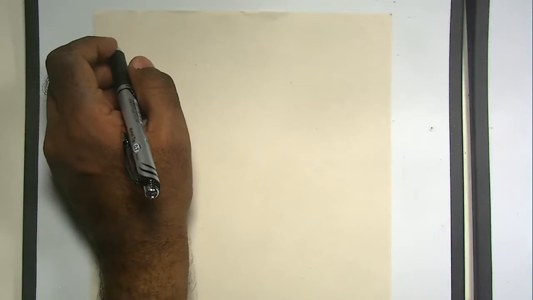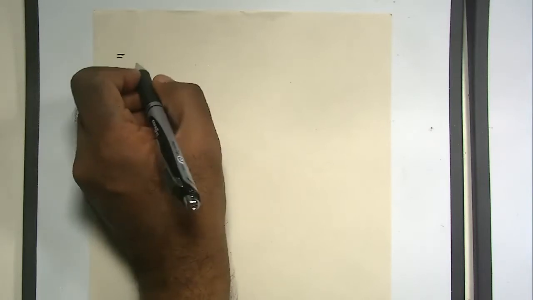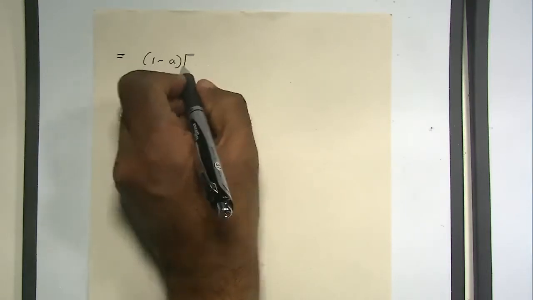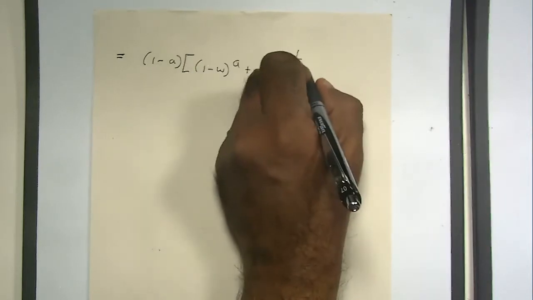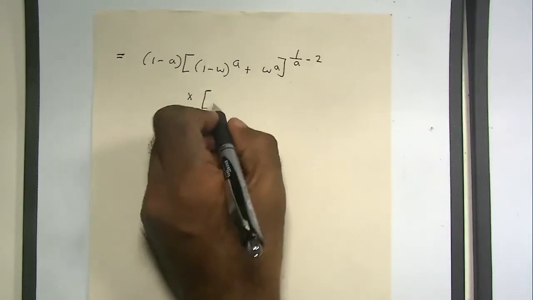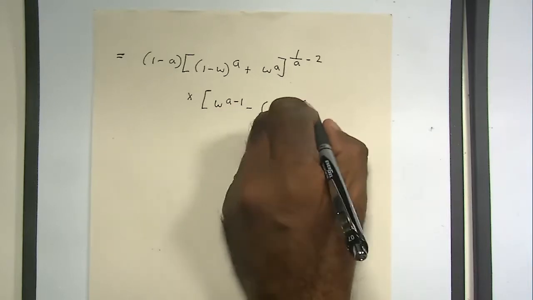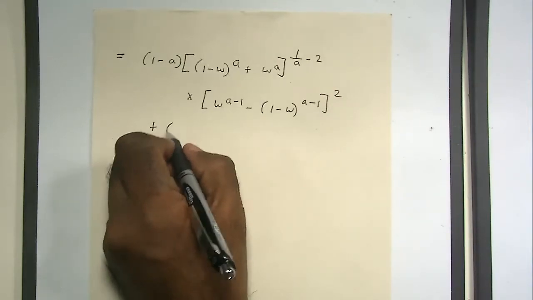Sorry, guys. So from this. Did I do this correct? I mean, what you have is equal to 1 minus a, okay, times plus a minus 1.